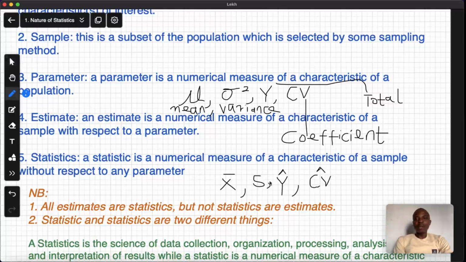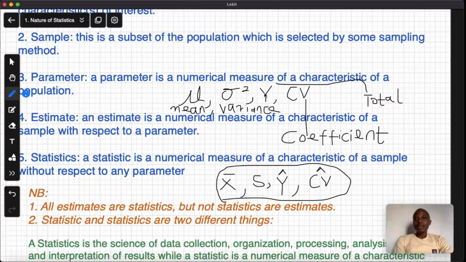The reason why you call this an estimate is because you are taking a subset of the population. So instead of the whole 200, you may take 35 and then calculate these things. If you do it for the mean, you have an estimate for the mean. If you do it for S, you have an estimate for the variance. If you do it for Y hat, you are estimating Y, but the value you obtain for the sample will be Y hat.